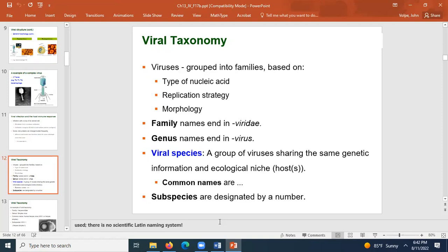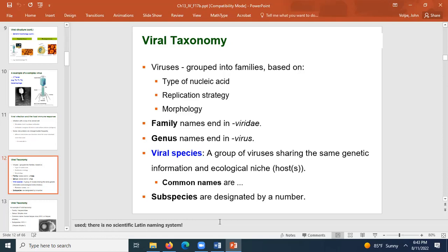Now, the subspecies are very important in the virus because of the effect the virus has on people. For example, one subspecies of the poliovirus gives humans the polio disease. All right, and that's not surprising.